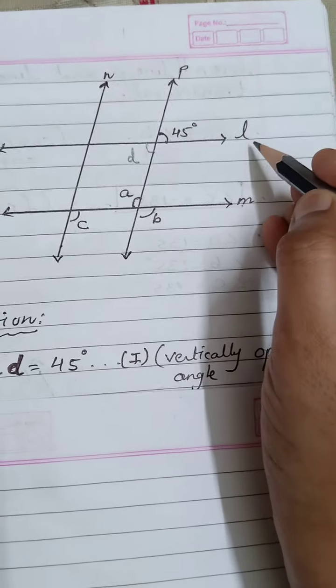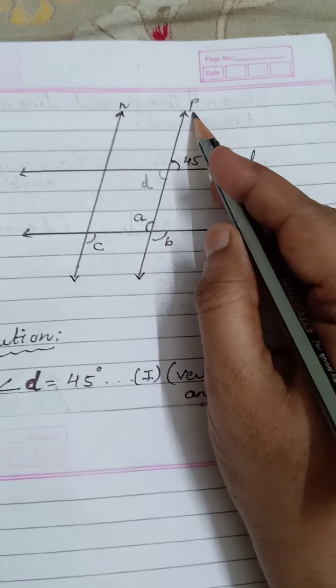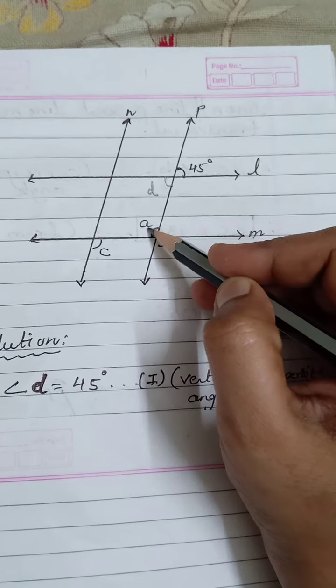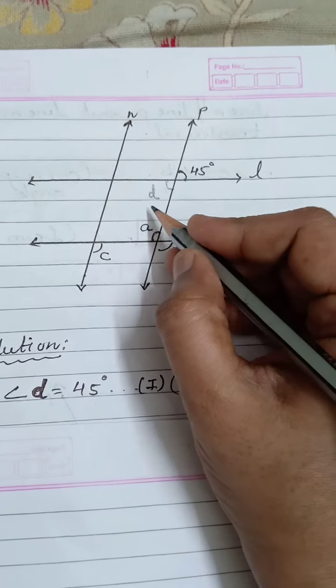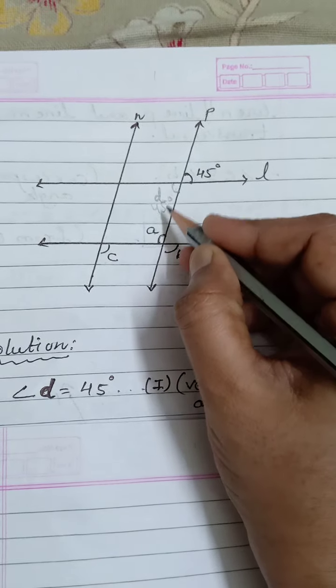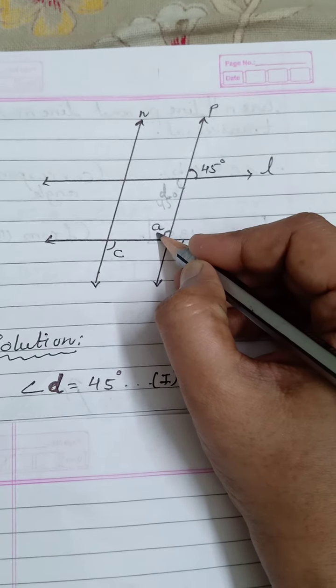Now see here, line L is already given as parallel to line M, and if I take P as a transversal, then this angle A and angle D are making interior angles. Now I have got that angle D is 45 degrees. About interior angles we have done the theorem that interior angles are supplementary.